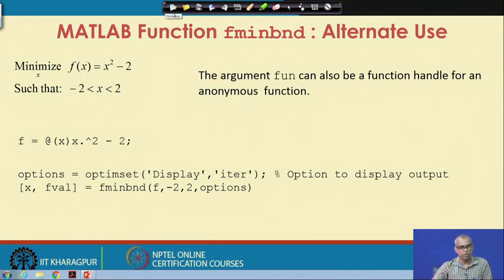Obviously, if you have a complicated function, you will define a function file like myfun and save it as myfun.m and then follow the syntax that we have seen in the previous slides.